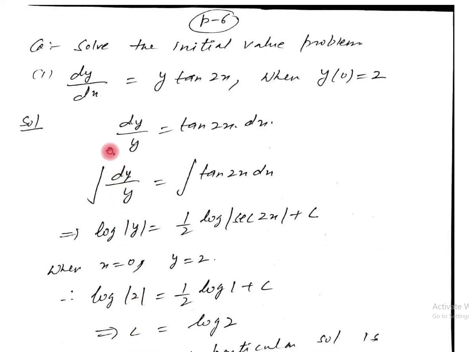Now here see the second heading of this type of question. The heading is: solve the initial value problem. The differential equation is dy/dx = y tan 2x, where when x is 0, y = 2. With the help of this condition, we eliminate the constant term, and then it becomes the particular solution of the given differential equation.